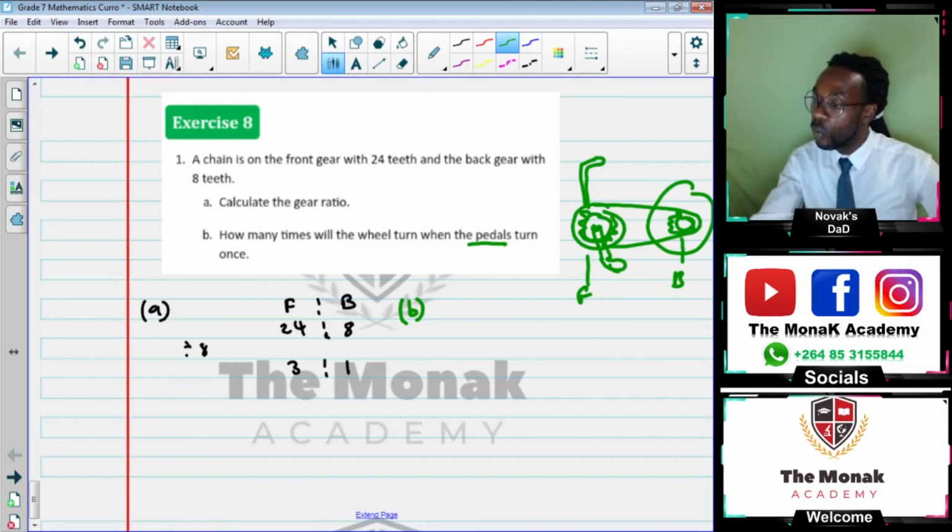So they are saying how many times will this wheel turn when the pedal turns once, right? So when the pedal turns, remember the pedal is 24 teeth, so the ratio is 3 is to 1. Remember, front is to back, so we know it's 3 is to 1. So for the wheel to turn once, the pedal must turn 3 times.